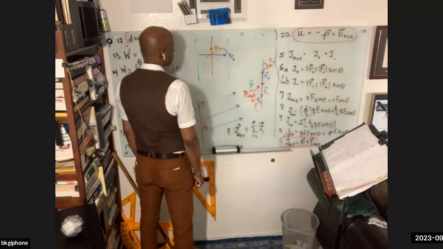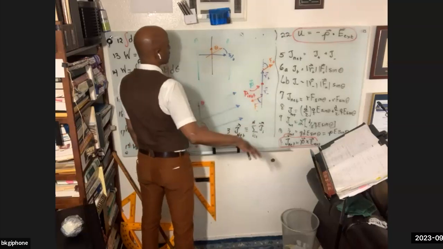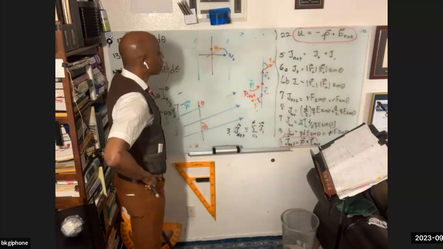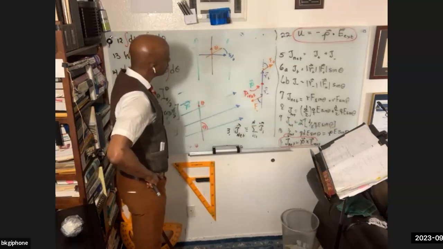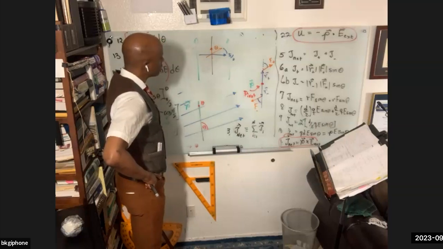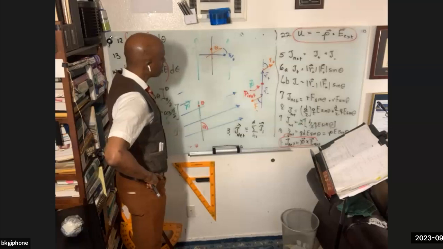It's a little bit counterintuitive from the gravitational scenario. The torque is a maximum, but the potential energy is a minimum.